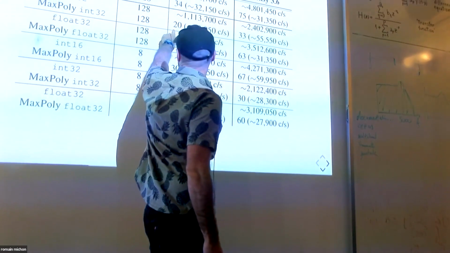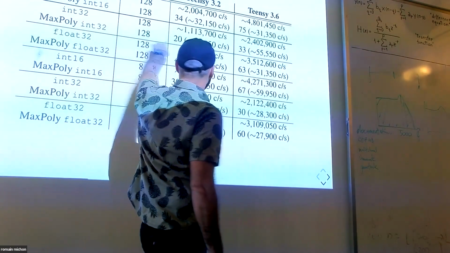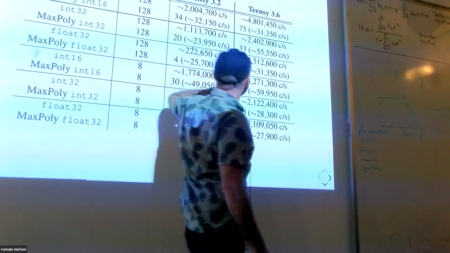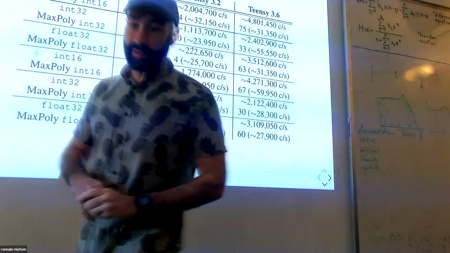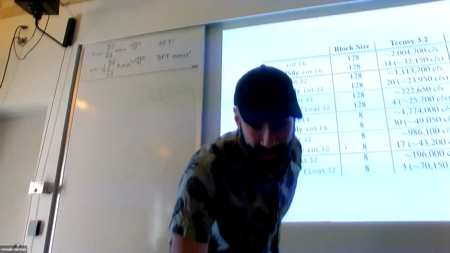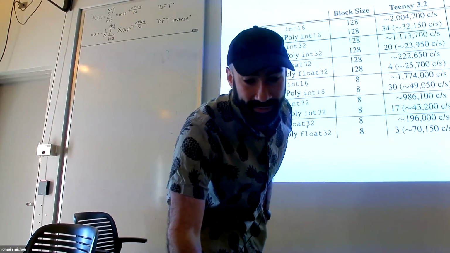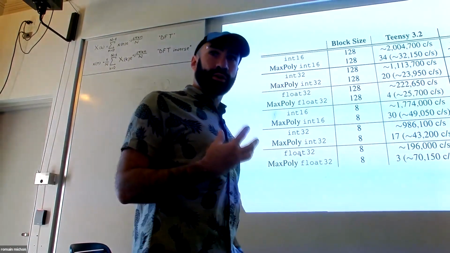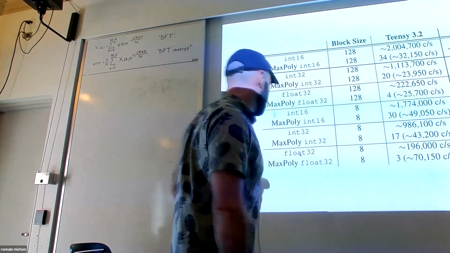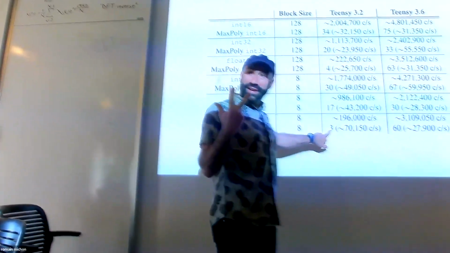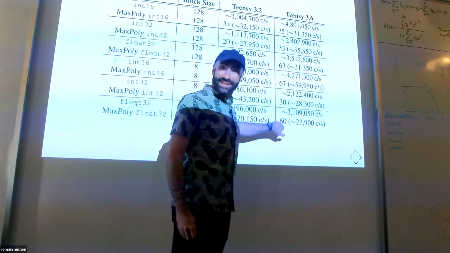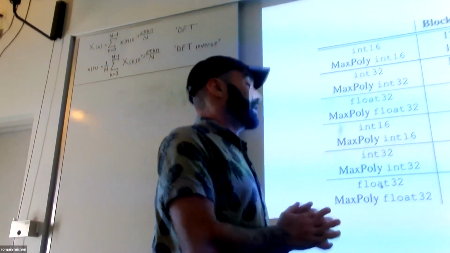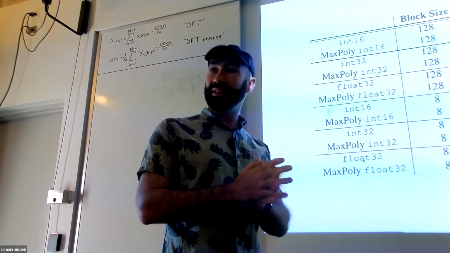Like on 3.2, if you use 32 bits integers, you can run 20 sine wave oscillators, and on the 3.6 you can run 33, right? Now, if you look at floating points, okay, so if you're running your sine wave oscillator using floating points and not integers, well, on 3.2 you can run 3, and on the 3.6 you can run 60. Okay, and so it means that it makes a very, very big difference.